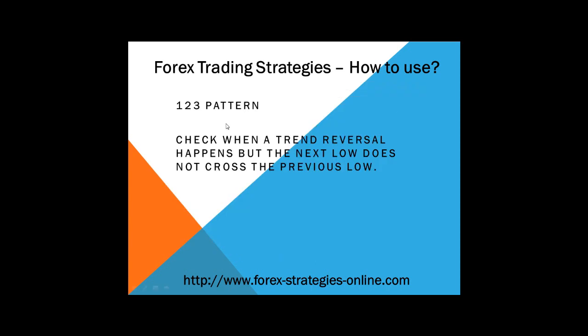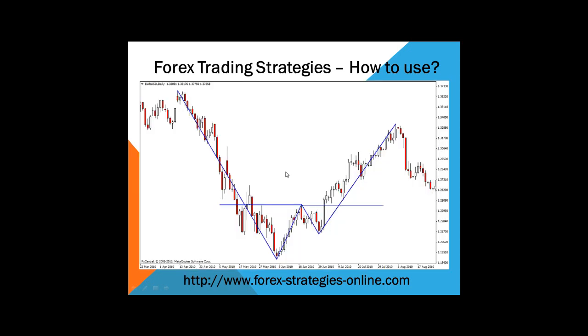And the next one is the 1 2 3 pattern. Normally when a trend is going in some direction, let's say it is going in the downward direction, and a reversal happens, and then again it followed the same downward direction, but the second low didn't cross the previous low. This is an example here. See, the trend is going in the downward direction, and it reversed, and then it started going in the same downward direction, but it didn't cross the previous low, which is the first low.